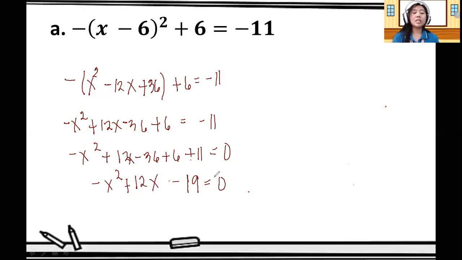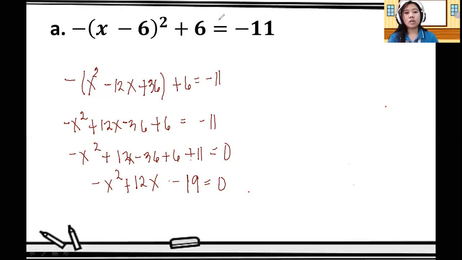So, negative 36 plus 6 plus 11 is equal to negative 19. So, now, let's find the value of A, B, and C in the standard form negative x squared plus 12x minus 19. So, in this quadratic equation, negative x squared plus 12x minus 19.